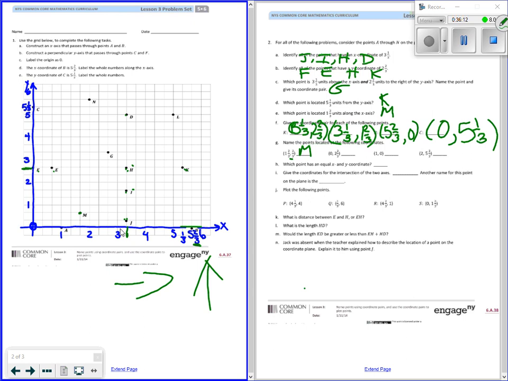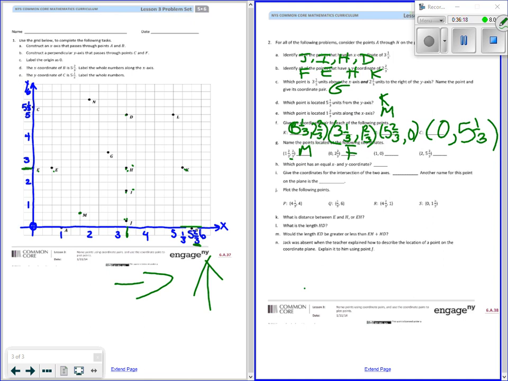Lovely. 1 and 0. Malachi. Literally, smack your face to look there. Went in the elevator and got stuck. Didn't go up. 2 and 5 2/3, Stanley. Over 2, up 5 2/3, letter N.